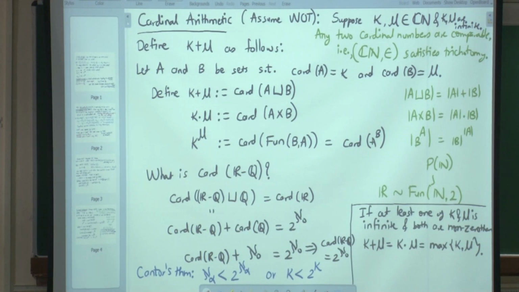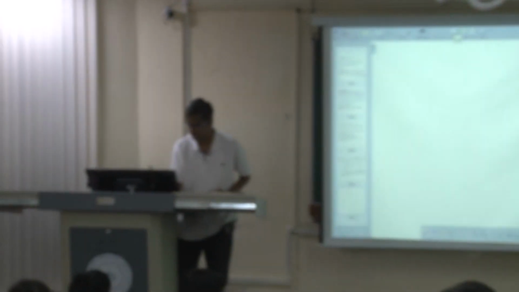And one last thing I would like to say: the continuum hypothesis, or CH, says that 2 to the aleph naught is equal to aleph 1. So it says that there is no cardinality between aleph naught and 2 to the aleph naught.